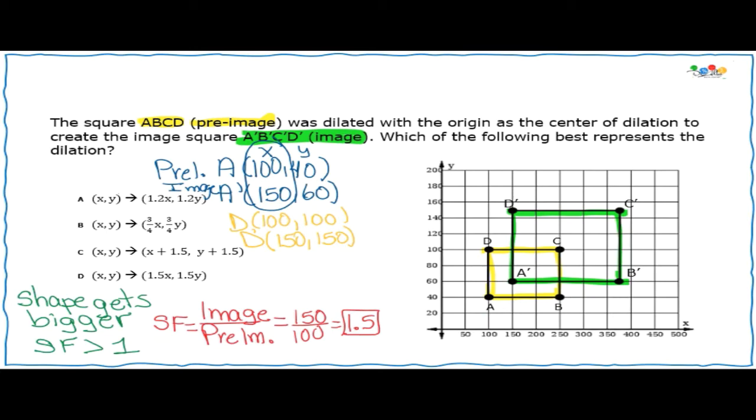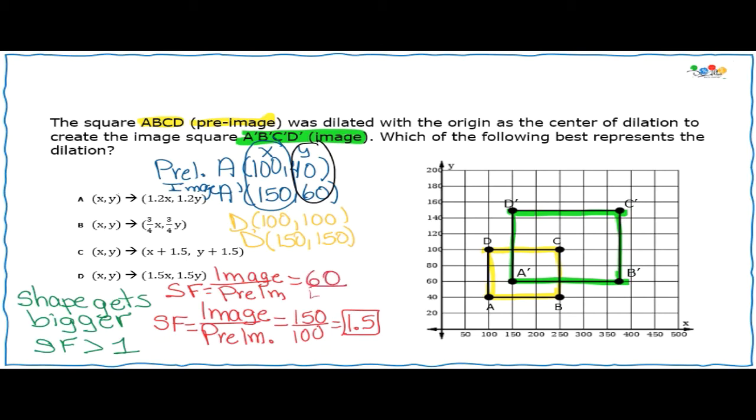What about if then I'm going to come back up here and I do the y values then. Let's do the y values, right? So I'm going to still compare the image over the pre-image. And that's still my scale factor, right? So who's my image? 60.